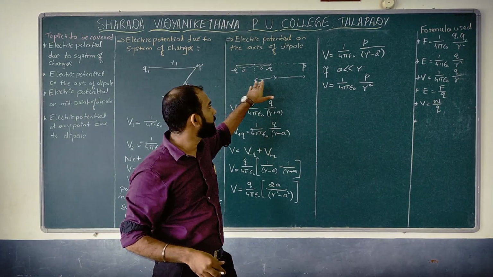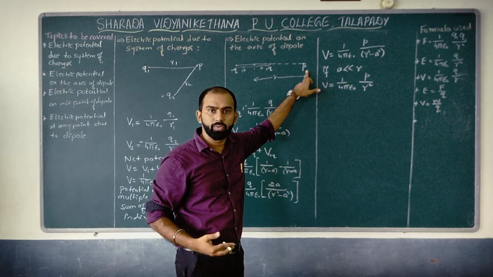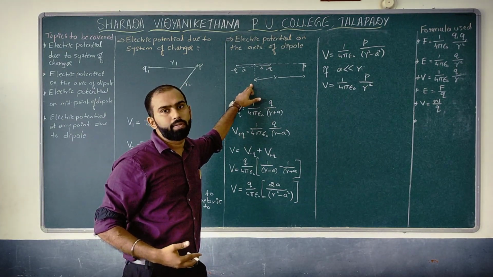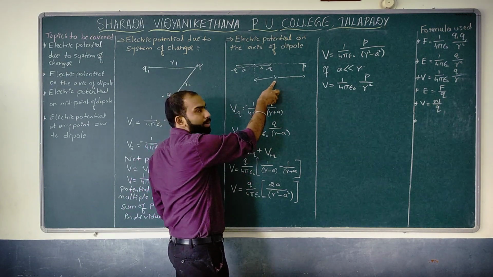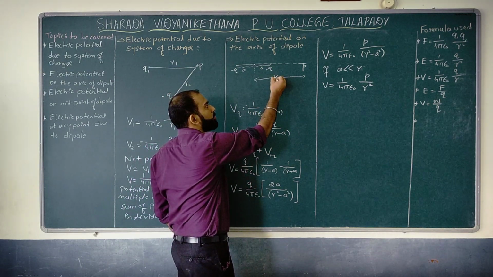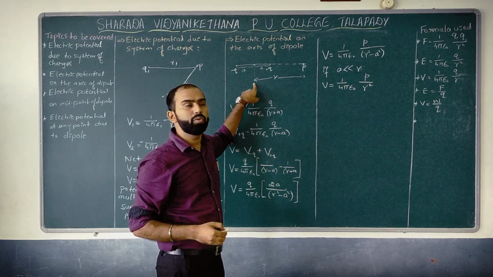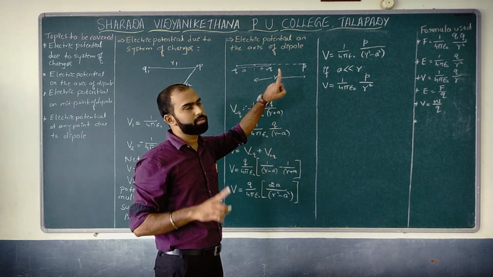If you want to measure at any point, take exactly from the middle of the dipole. Got it? So you have taken point P at a distance, let us say r. So r is the distance between the midpoint of the dipole and the point P where we are supposed to measure electrostatic potential.